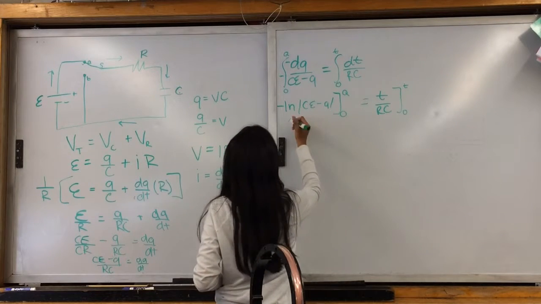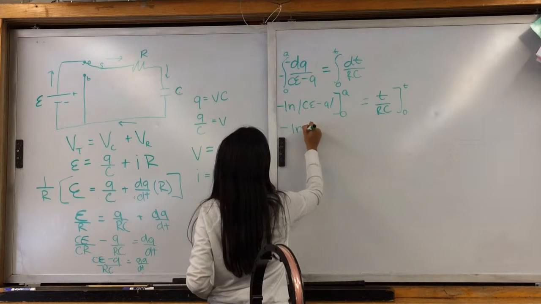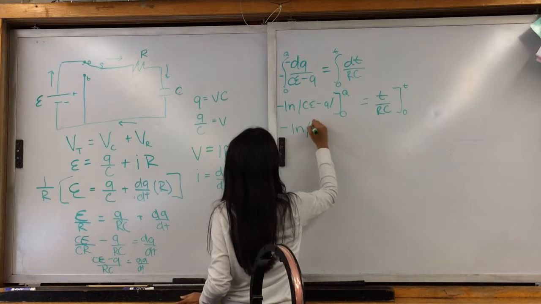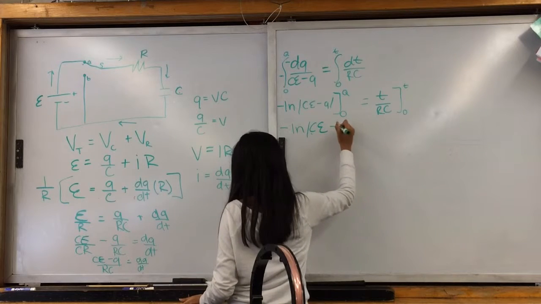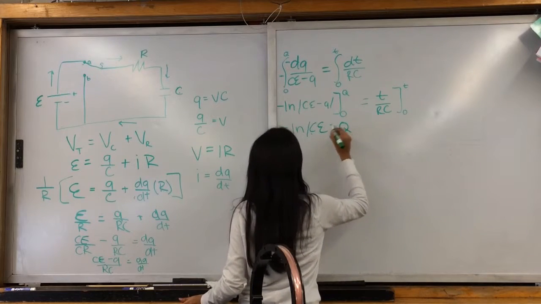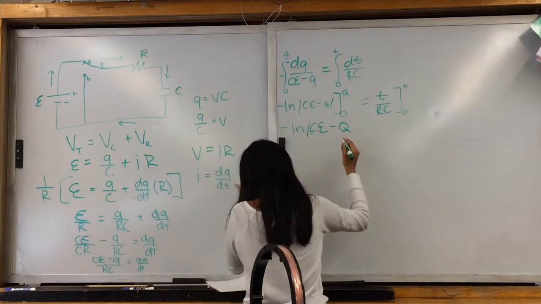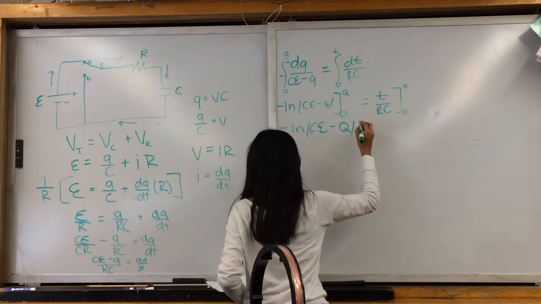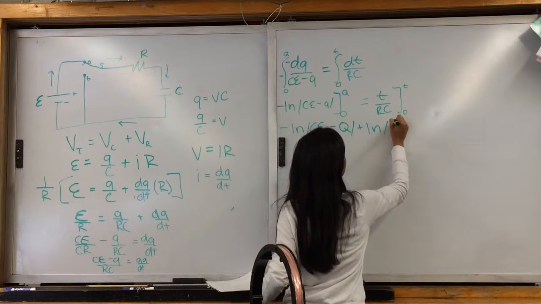So we have negative ln CE minus Q plus ln CE.